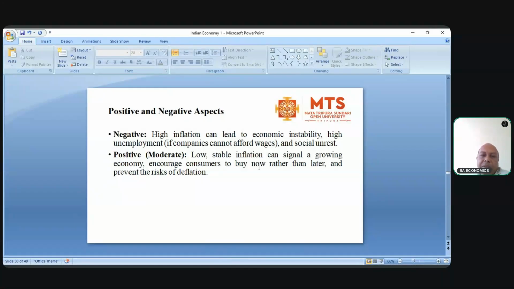In this case, it is possible that producers may face losses due to the non-increasing price of the product. So in simple terms, if the inflation rate is moderate or low, then it is good for the economy. But if the inflation rate is very high, high inflation or hyperinflation, it is not good for the economy.